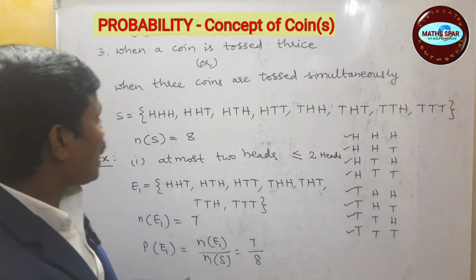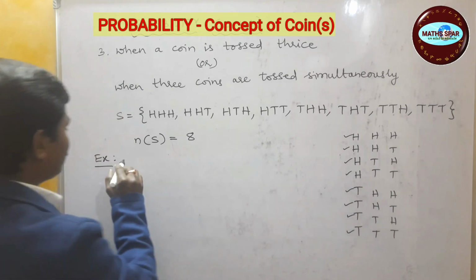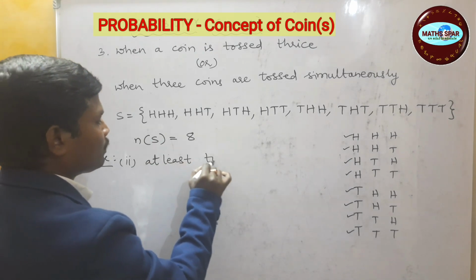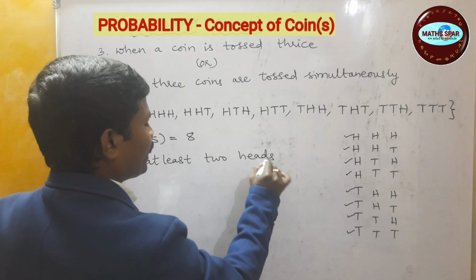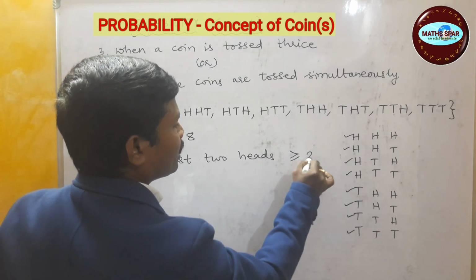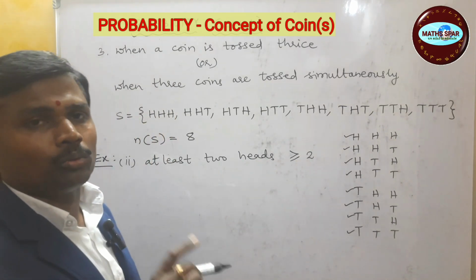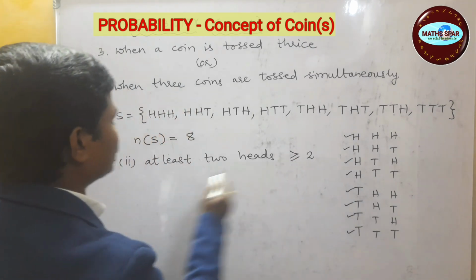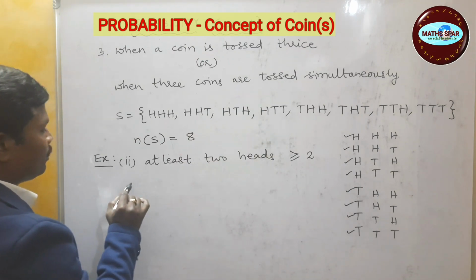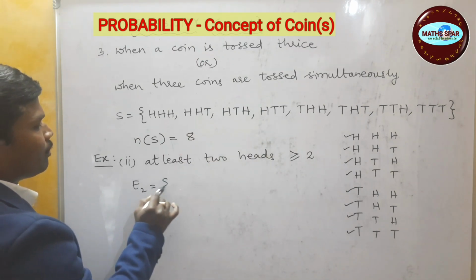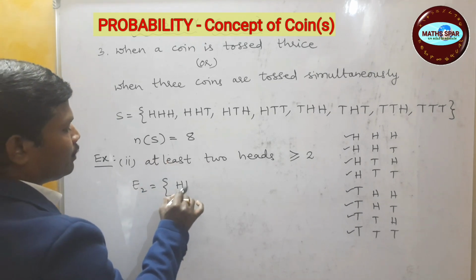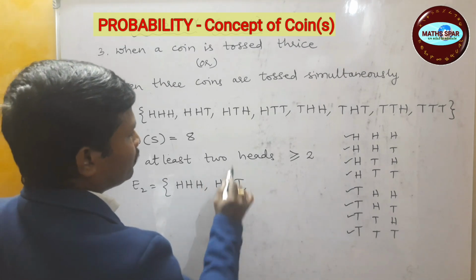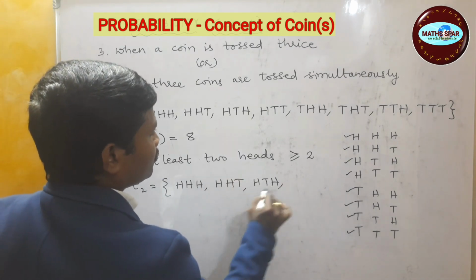If at least 2 heads is the question. At least 2 heads means greater than or equal to 2. The minimum number of heads that should be there is 2. More than that it can be, so 3 also can exist. So HHH, HHT, HTH, and THH.